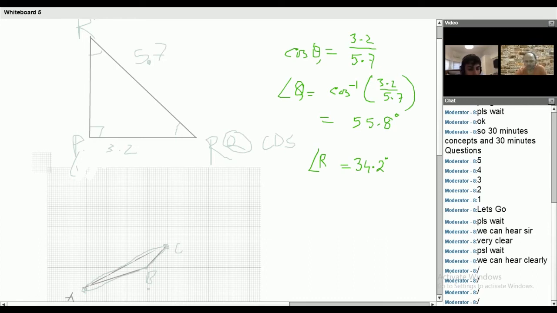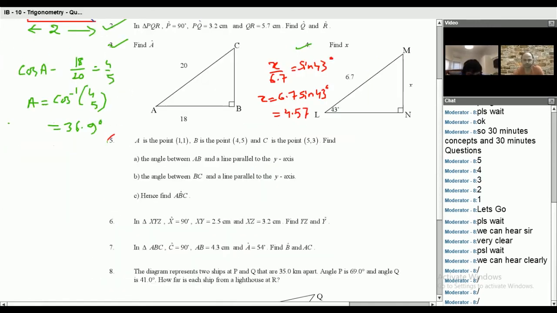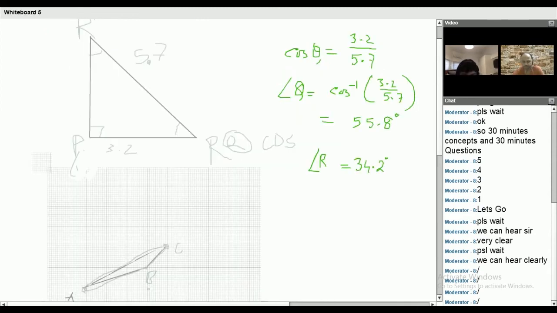If you see the question here as per your diagram, what they have asked in the first part is the angle between AB and a line parallel to the y-axis.